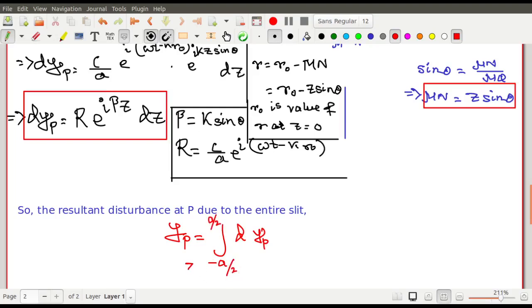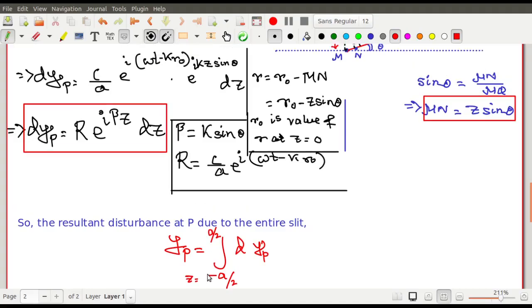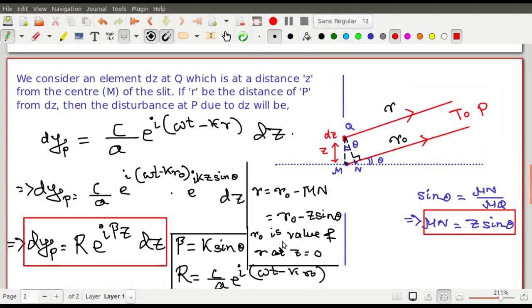The value of z is 0 at the center. I have taken the center, R0 is the value at z equals to 0. So this is my z equals to 0. So as you move from z equals to 0 upward, you move plus a by 2. So this point is actually my plus a by 2, and this point is my minus a by 2, because the entire slit width is how much? পুরো স্লিটের উইডথটা কত আছে? a আছে। The entire slit width is a, so I move a by 2, a by 2 upward, downward.